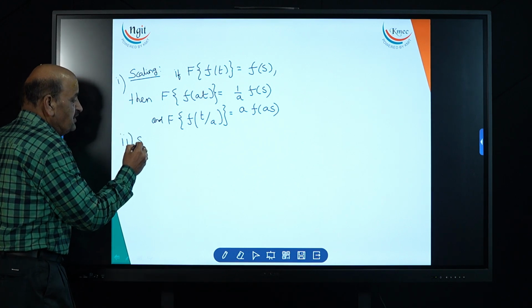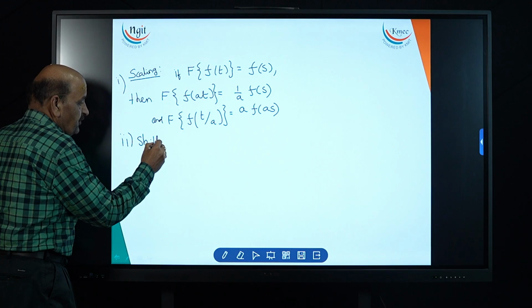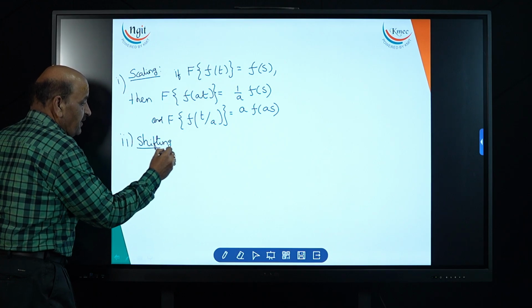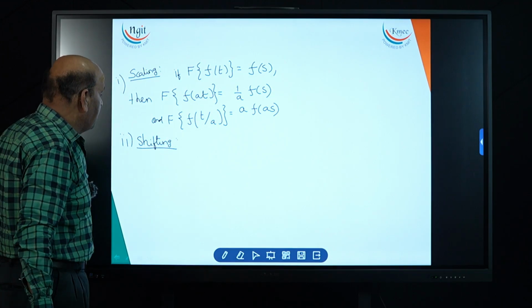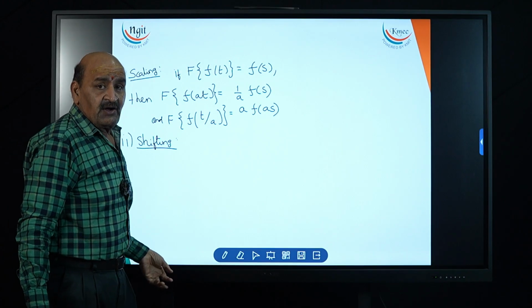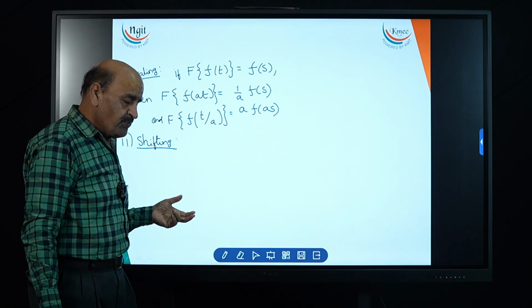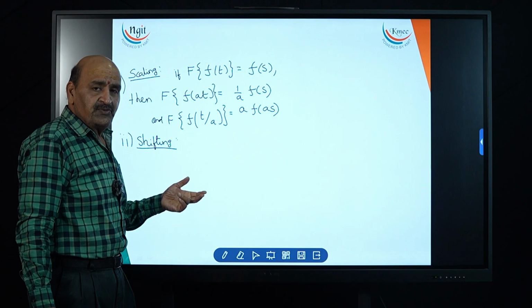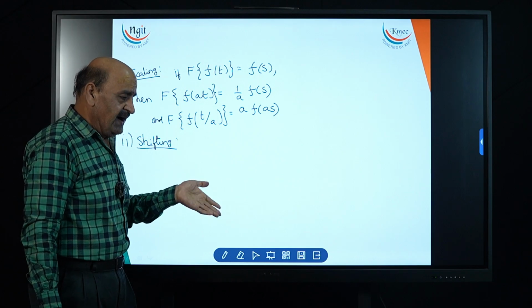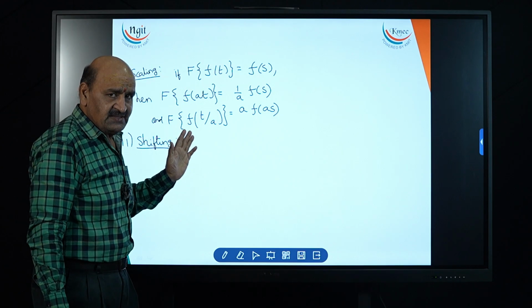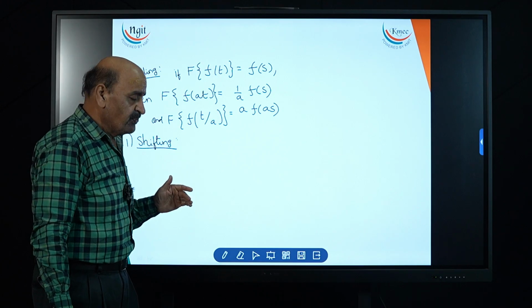Second one is called shifting property. Here one important point. We already discussed the concept of shifting property. In signals, there are two shifting: right hand shifting and left hand shifting.